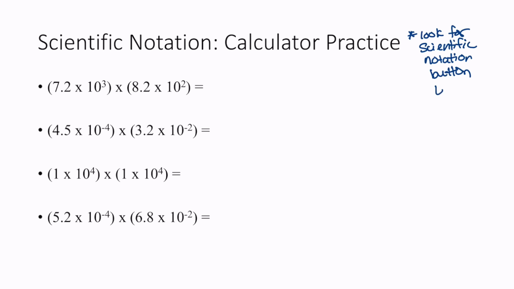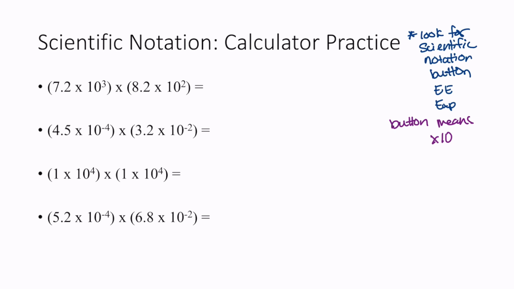On most calculators, it will be a capital EE. It might be written as an EXP, but this button means times 10. So you should never put times 10 in your calculator.